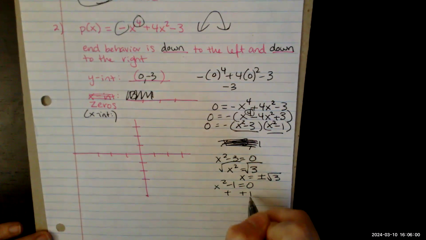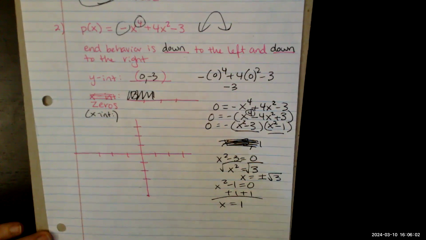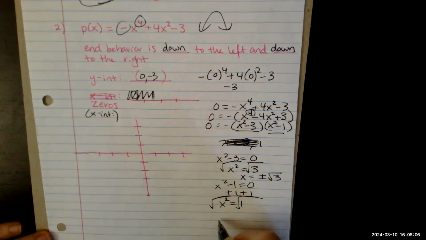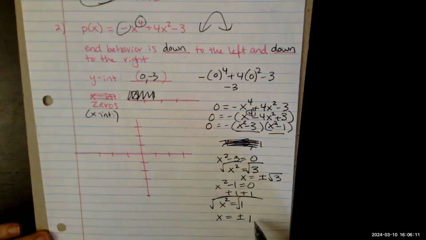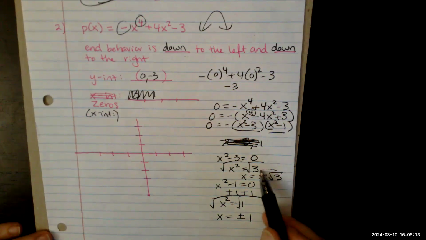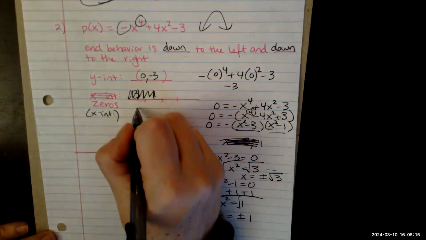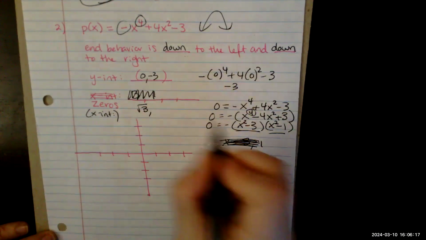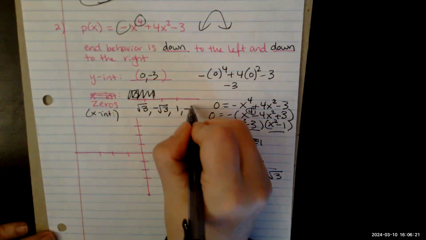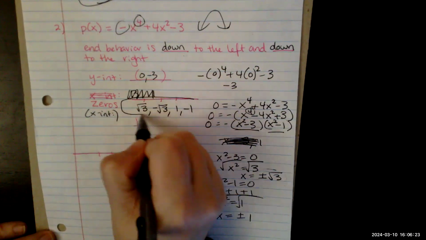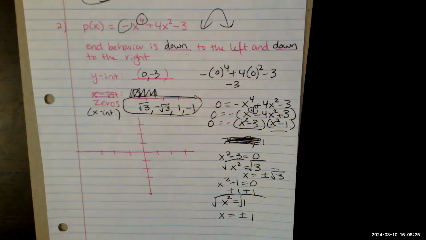And same here. I add the 1, but then I take the square root of both sides. Square root of 1 is 1. So this is 2 totally different answers. So I have the square root of 3 as a 0, negative square root of 3, 1, and -1. Those are my zeros.